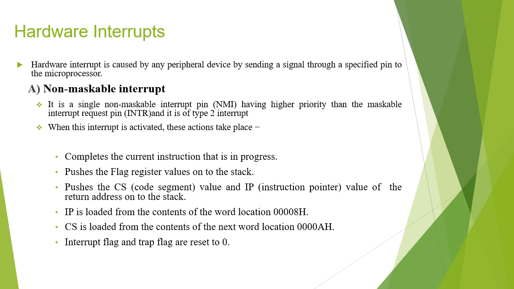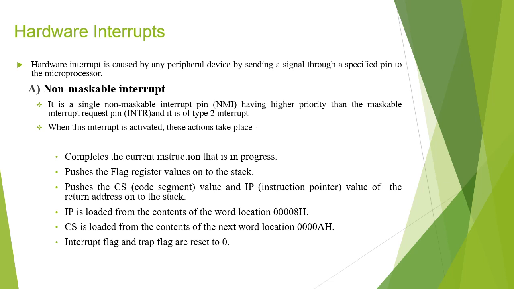It will be given by 2 into 4, the type number into 4. When it is multiplied by 4, that will give you the IP address of that particular interrupt. And the next word location after this IP address will be your segment value, the code segment value. So that also will be loaded into the code segment register.